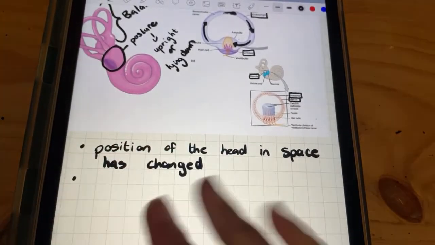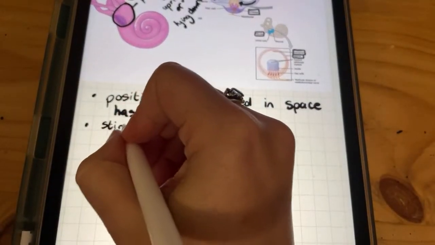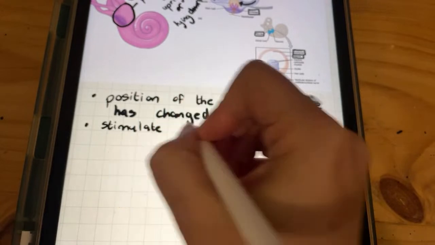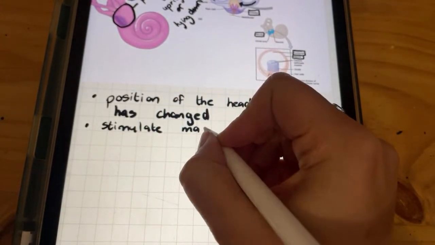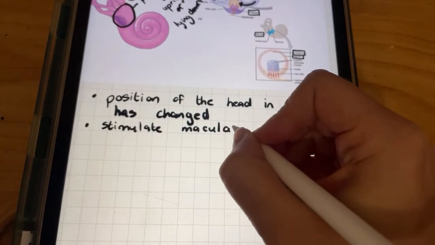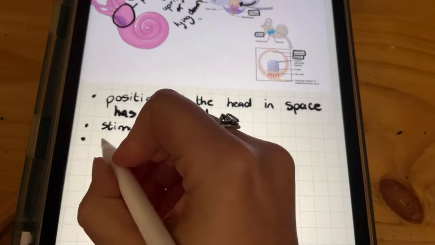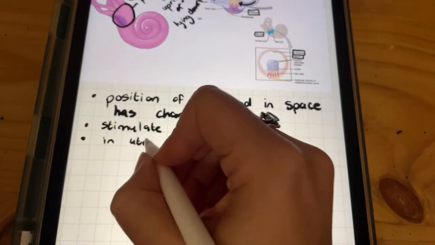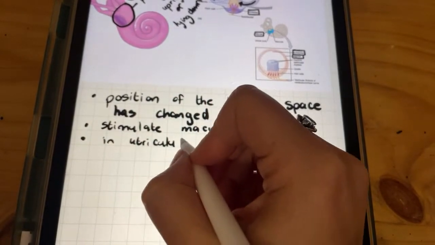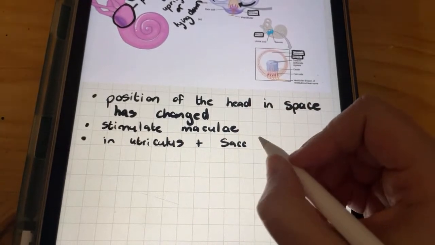Now we need to talk about who's responsible for registering that. This is going to stimulate the maculae or macula. Where do we find the maculae? In the utriculus and sacculus.